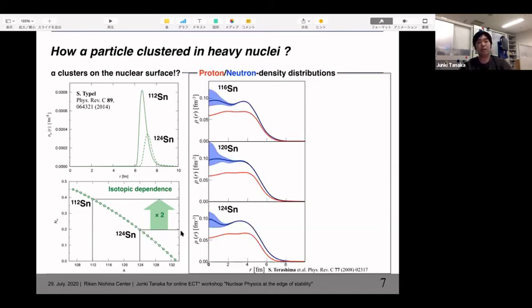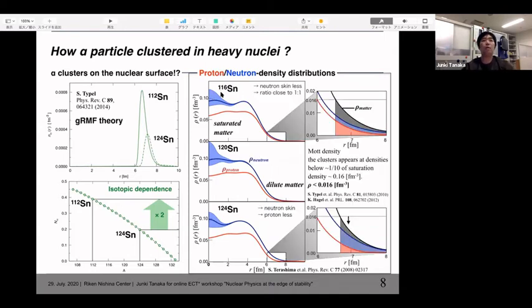To explain this trend, I show you the proton and neutron density distributions for tin isotopes. These are for tin 116, 120, and 124. Red are protons and neutrons are blue. Because the alpha clusters get dissolved at the saturation density, we only focus on the surface.